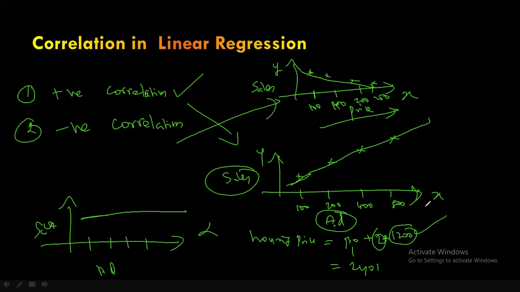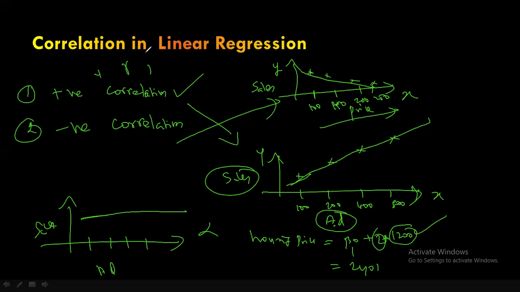Now you understood what is positive correlation, and for that we use a notation called R. The R is nothing but the correlation coefficient. The value of R ranges between -1 and +1.